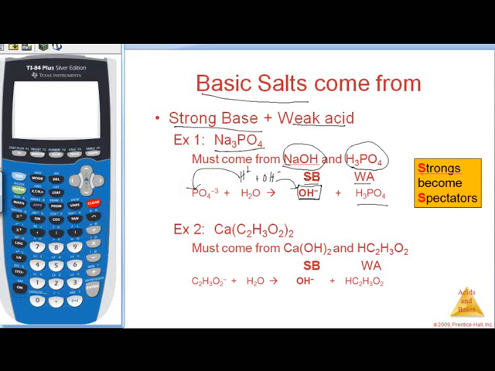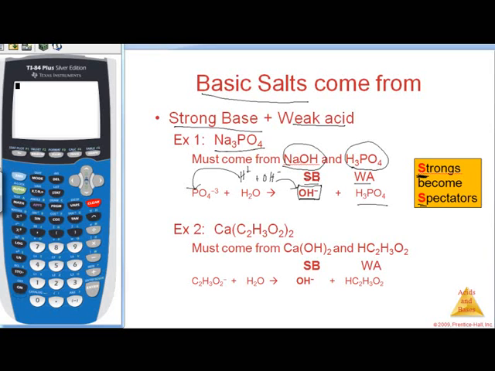One of the things that's good to know and remember is that when we write these hydrolysis reactions, the parts of the salts that are strong become the spectators. Okay?